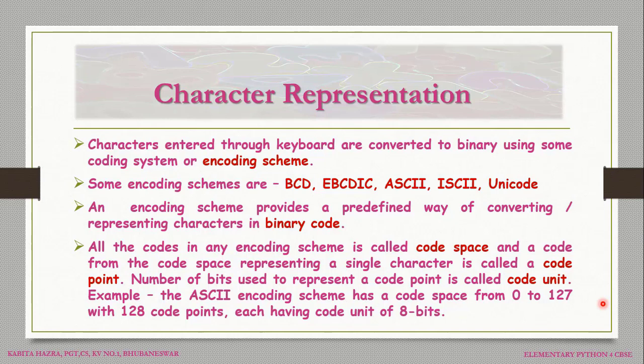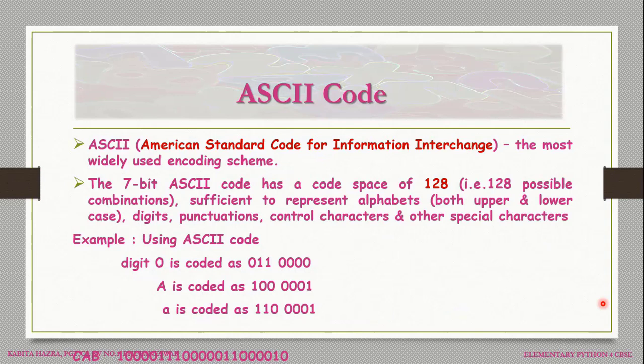For example, the ASCII encoding scheme has a code space from 0 to 127 with a total of 128 code points, and each code unit may have 7 bits for ASCII 7-bit code and 8 bits for ASCII 8-bit code. ASCII stands for American Standard Code for Information Interchange.